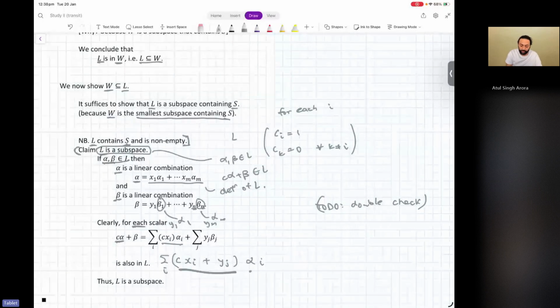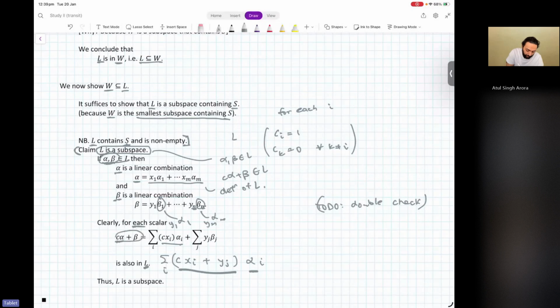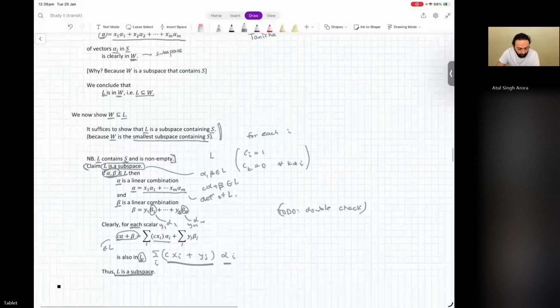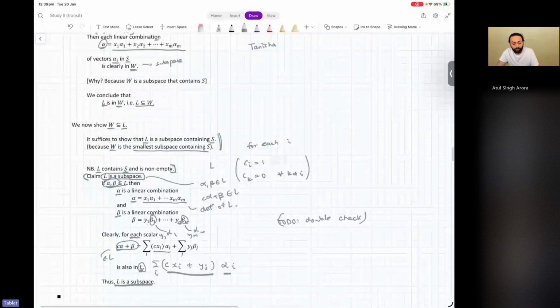And this clearly is also a linear combination, so this will be in capital L. What that establishes is that if alpha and beta are in L, then C alpha plus beta is also in L. And so we conclude using the theorem that L is a subspace. We already established that the only thing we need to do is to show that L is a subspace that contains S. So that establishes the proof. Is that okay? Okay, thank you so much.